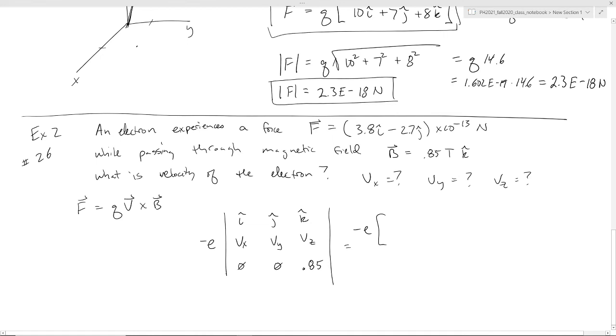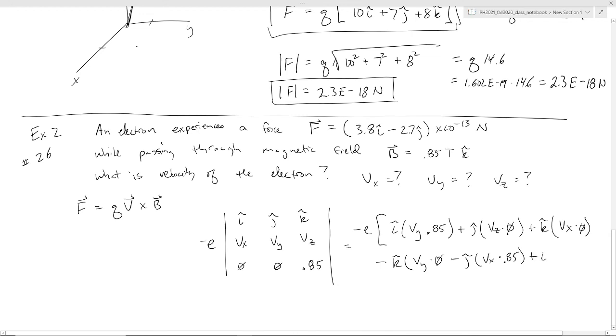So what components are we going to have? We'll have i hat times Vy times 0.85, plus j hat times Vz times 0, plus k hat times Vx times 0, minus k hat times Vy times 0, minus j hat times Vx times 0.85, plus i hat times Vz times 0.